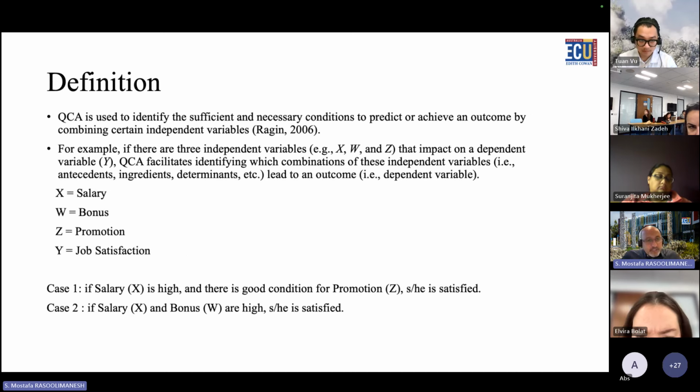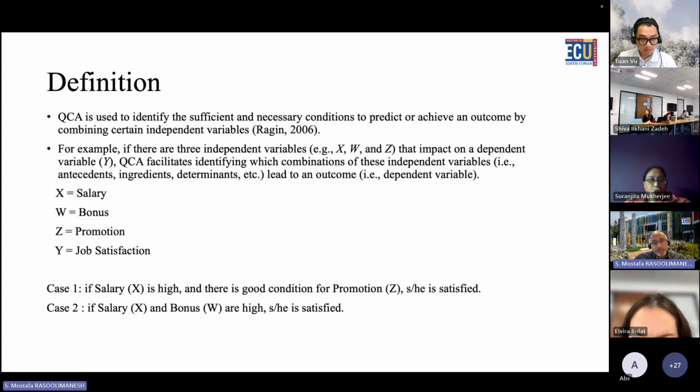But what's the definition of this method? Here I have a very simple example to understand the main concept of this method, the origin of this method, and the definition of this method. For example, we are in a company that has 10 employees.